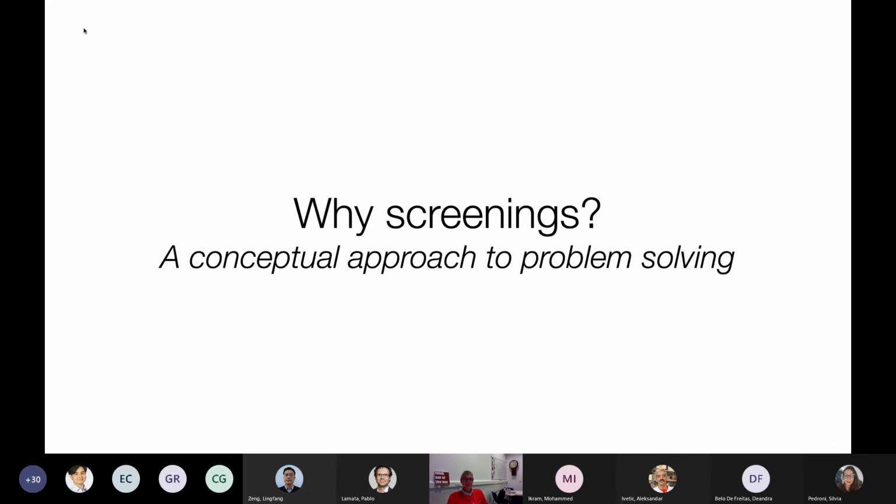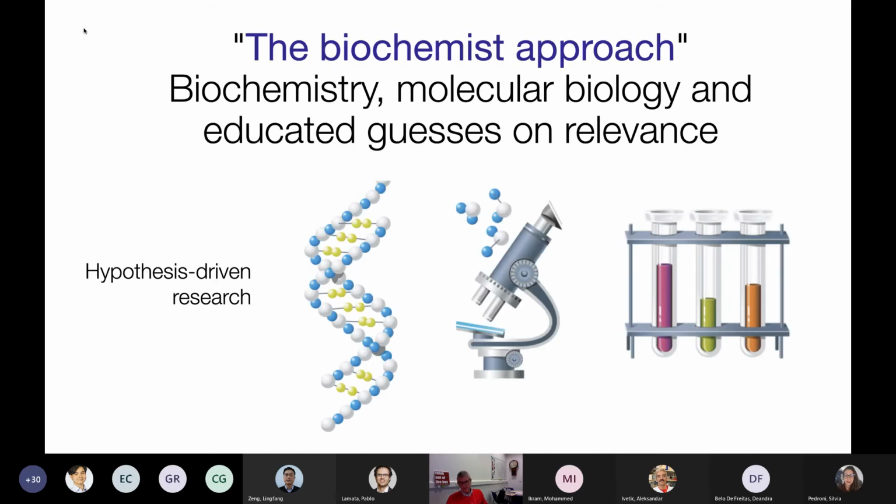I think that approaching a problem with the screening is really conceptual, and perhaps some of you could already have seen these slides, but I like them very much. And the more I think of them, the more I think that really they describe how research is usually carried out.